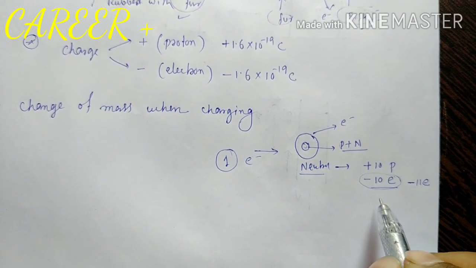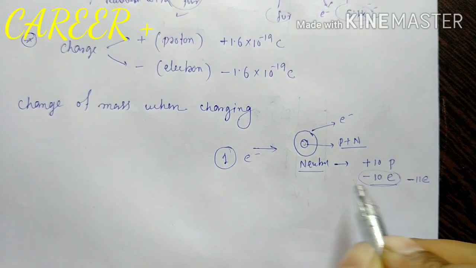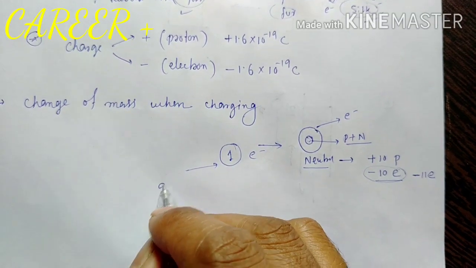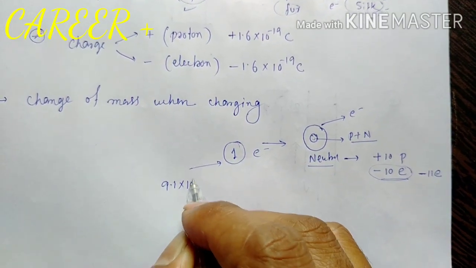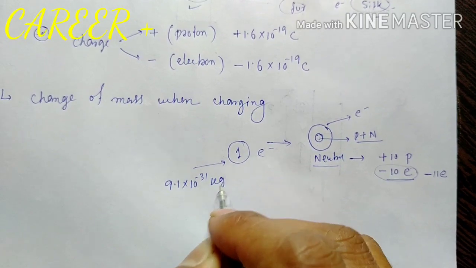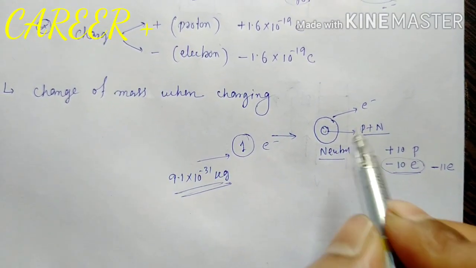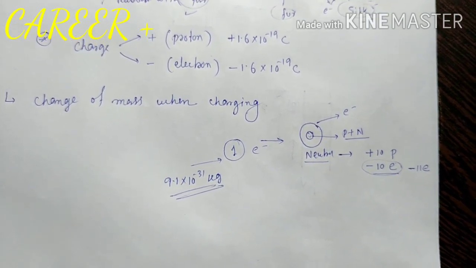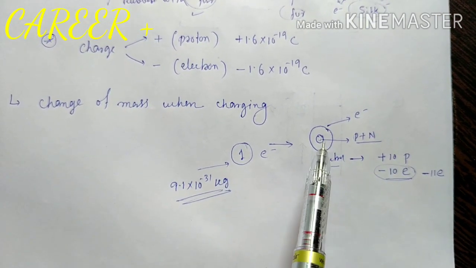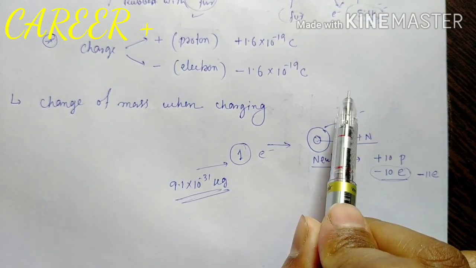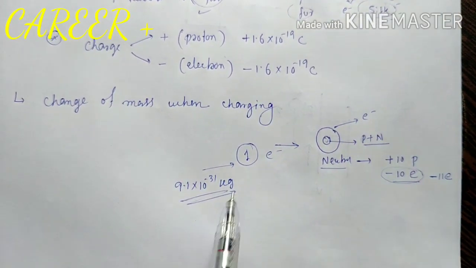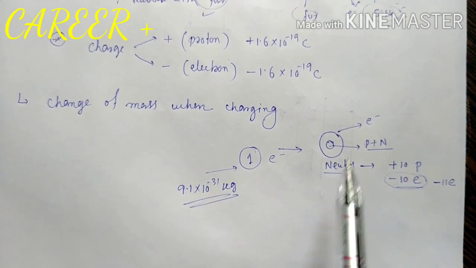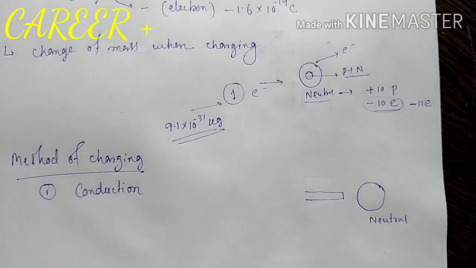As a result it becomes negatively charged because one electron is more. Since one electron has mass of 9.1 into 10 to the power minus 31 kg, when a body becomes negatively charged, its mass always increases. At the same time, if the body becomes positively charged, it loses electrons, so for each electron lost it loses that amount of kg. As a result it loses mass.